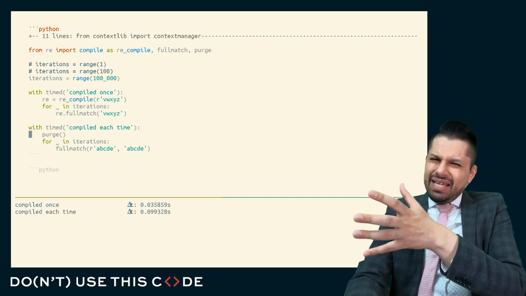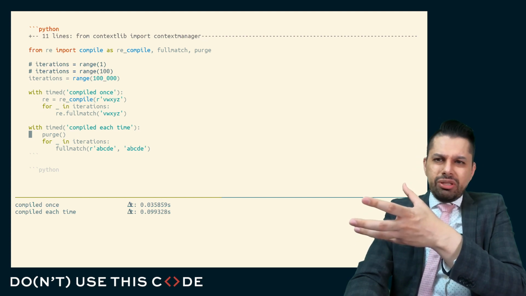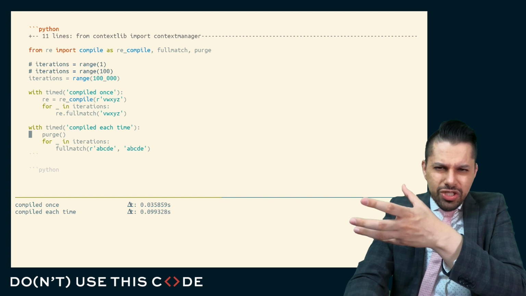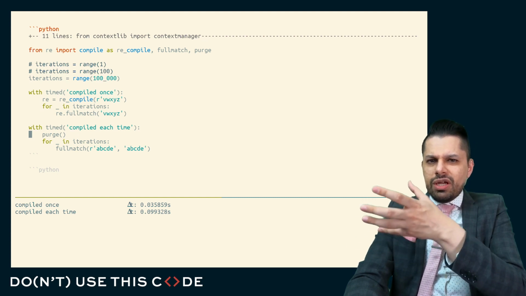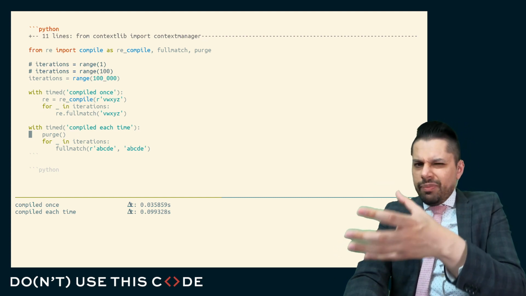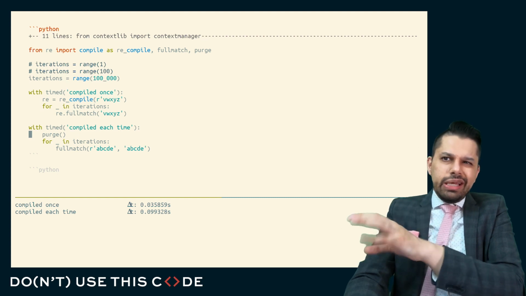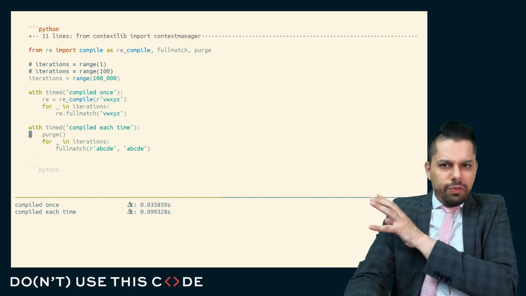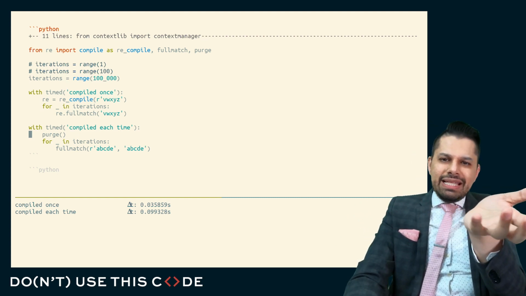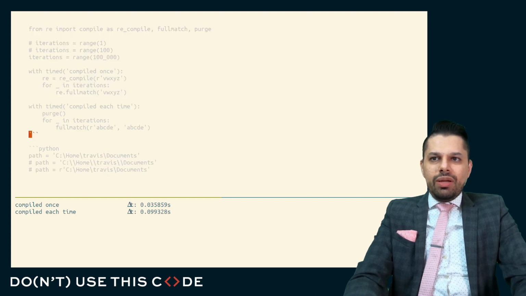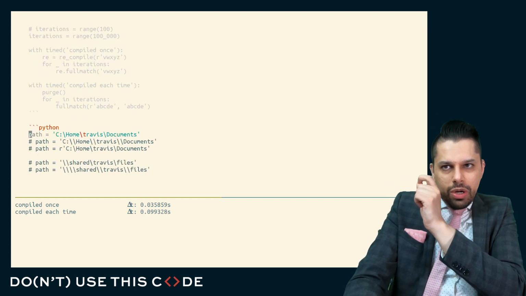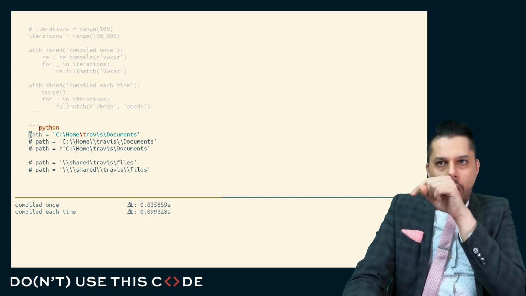But again, you have to get a really complex regular expression and a lot of matches before this really makes a difference to your everyday life, at the speed at which Python is operating. And so we're not going to think about this too much for performance just because it's not the most compelling place for us to improve the performance. Another thing I want to draw your attention to is what this string with the R at the beginning is.